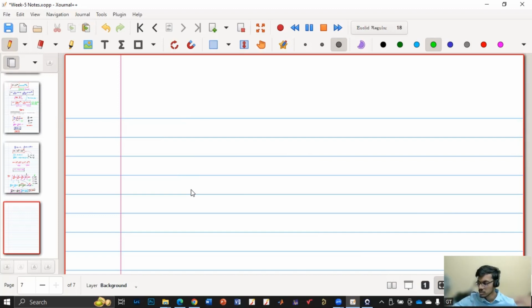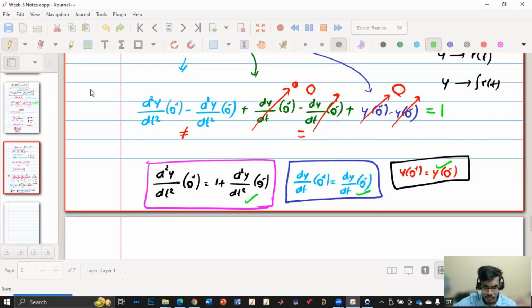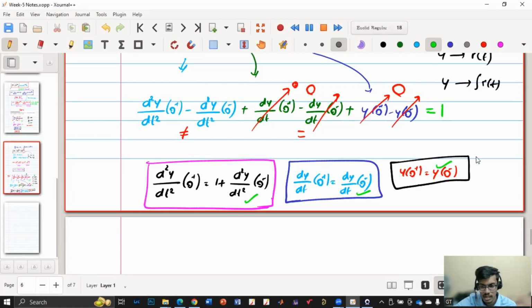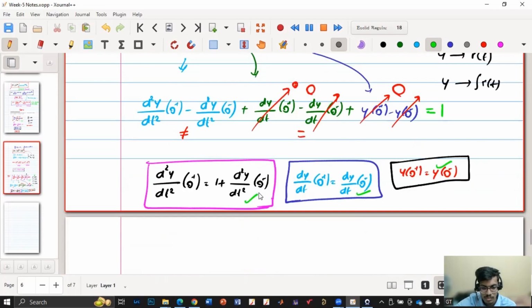So in that case, first we need to find the boundary conditions at t equals 0 plus, which is what we have done here. And then using these new boundary conditions, we have to solve, because the boundary conditions are different if there is any discontinuous function like u of t or delta of t. So we cannot directly say that the boundary conditions at 0 minus and 0 plus are the same.